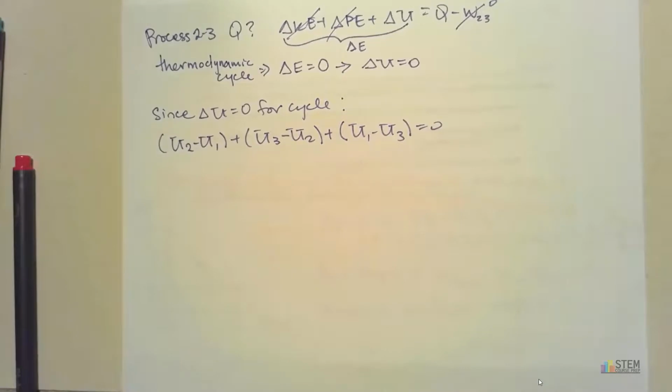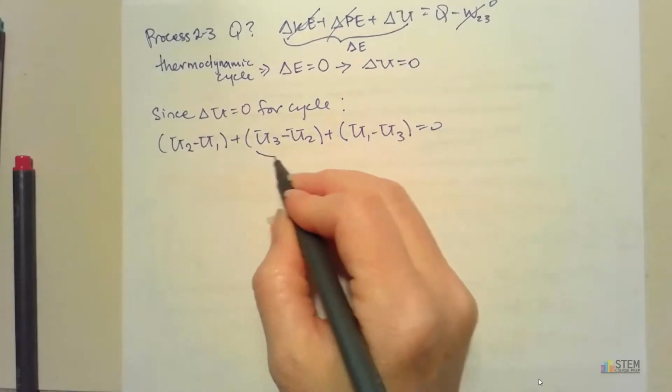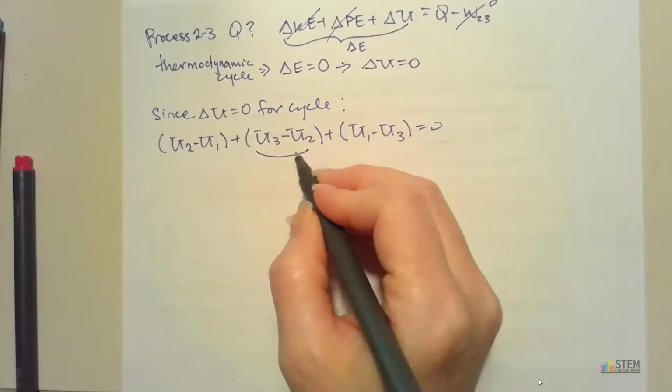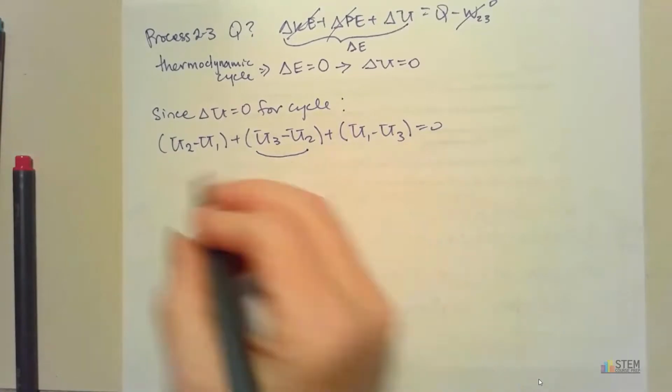Now what we want is this term right here. So let's go ahead and solve for this. And you'll see why we need that in a minute. Remember, we want to find the heat transfer for process 2, 3. So this is the internal energy associated with that. So let's solve for this.